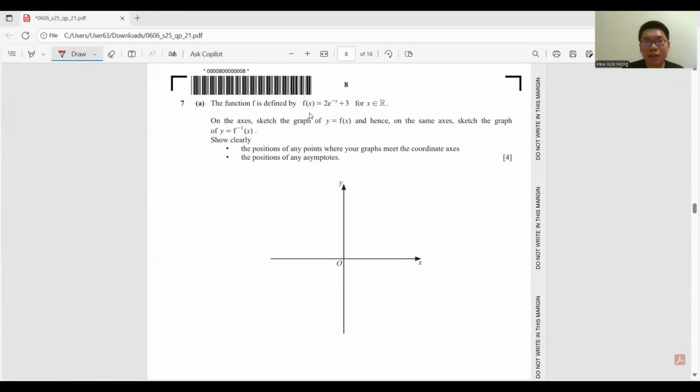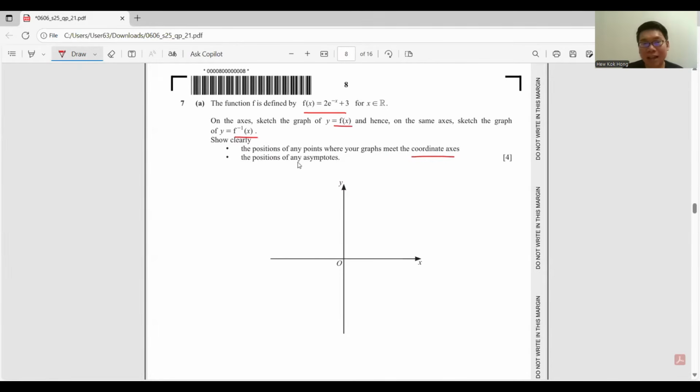Question 7, a function is defined by these. On this axis, sketch fx and also f inverse and state clearly the position of any point on your graph that meets the coordinate axis and the asymptotes. So we check how to sketch this graph first. This originates from the e^x graph, it's like this. But the first change is e power negative x.